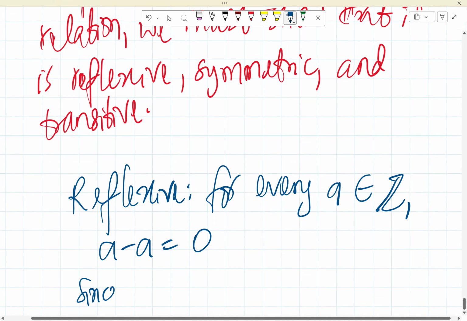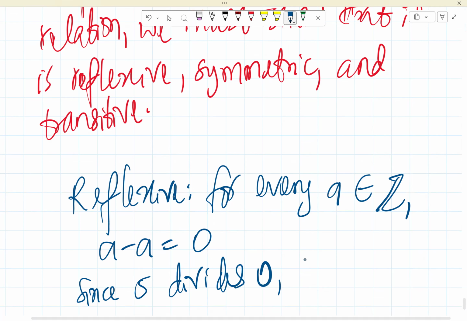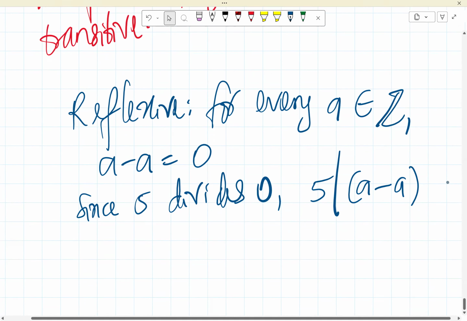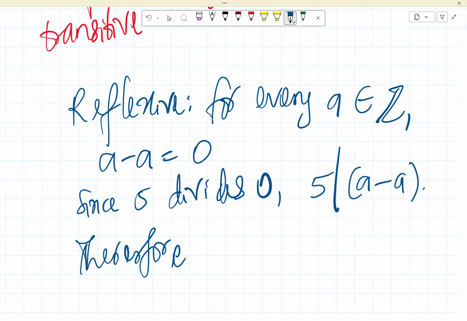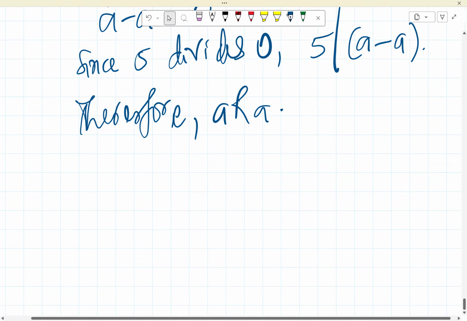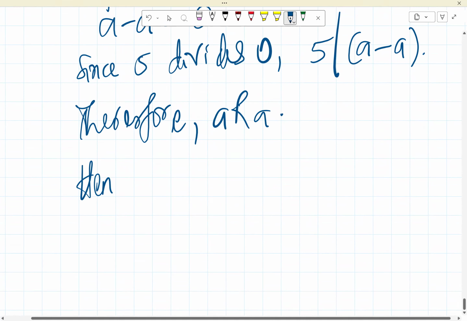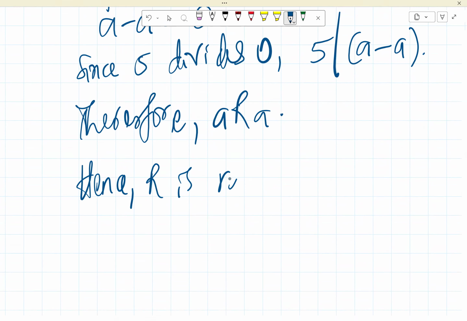So since 5 divides 0, that means 5 divides A minus A. Therefore, we have ARA. Hence, R is reflexive.